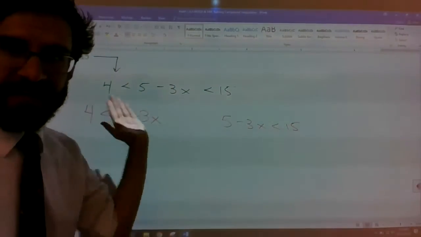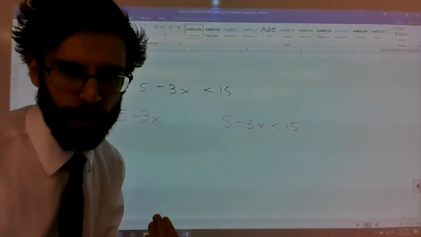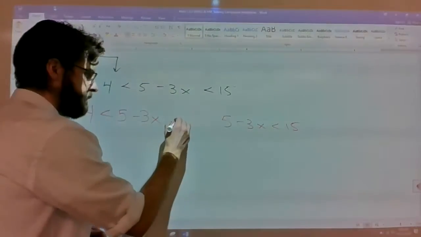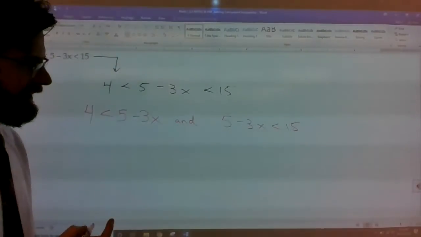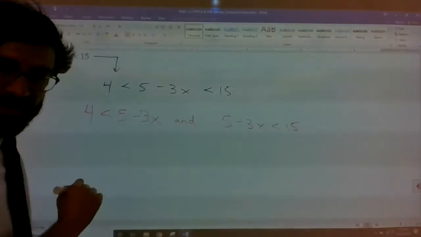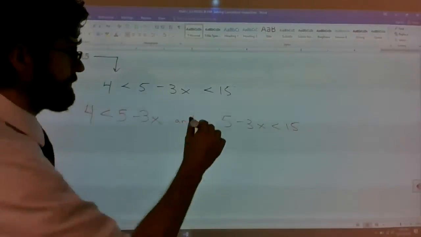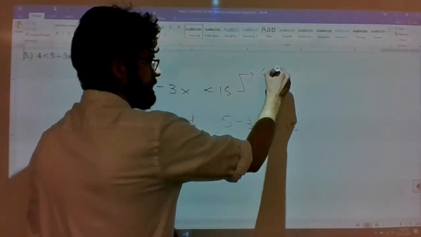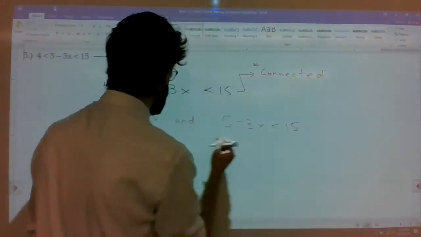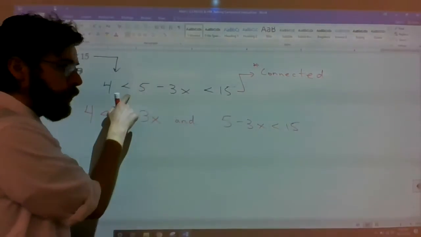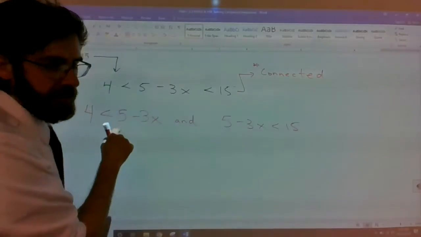Now, because they're connected, it implies an and situation. So connected inequalities like these are always and statements. And I mean connected like there are multiple inequality symbols on one line here.